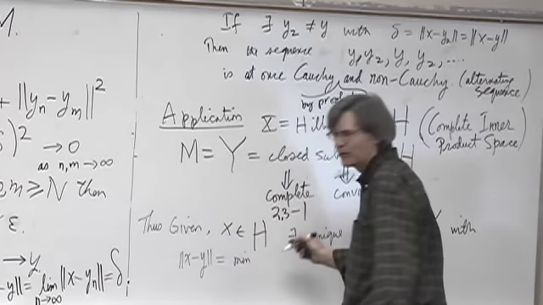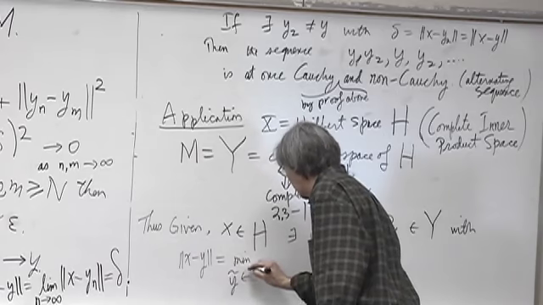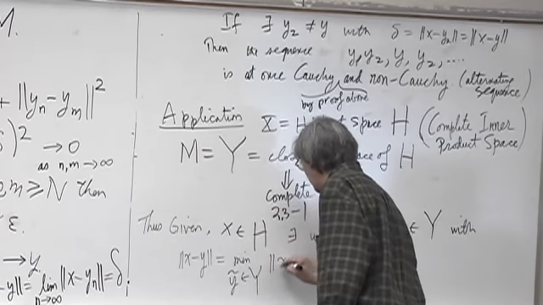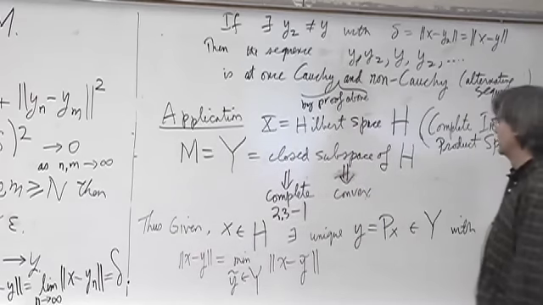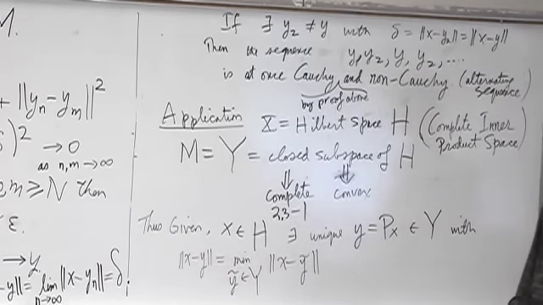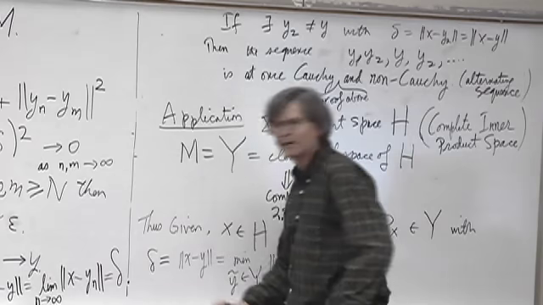I can call it minimum instead of the infimum now. Minimum over all Y tilde in capital Y of the norm of X minus Y tilde. Okay, so it achieves the delta problem. Okay, delta equals this. Okay?